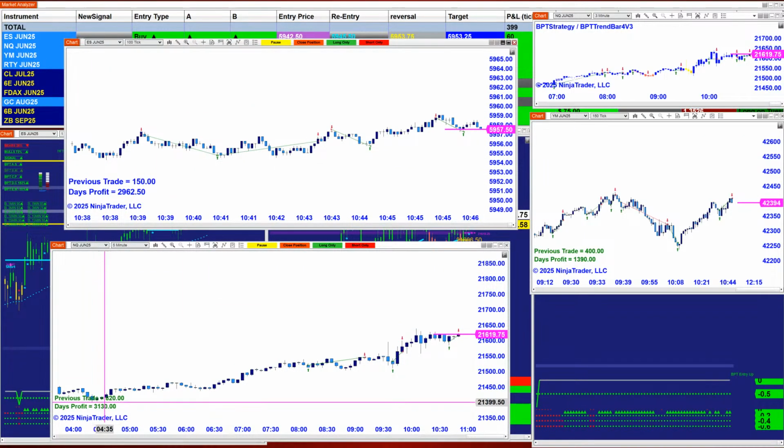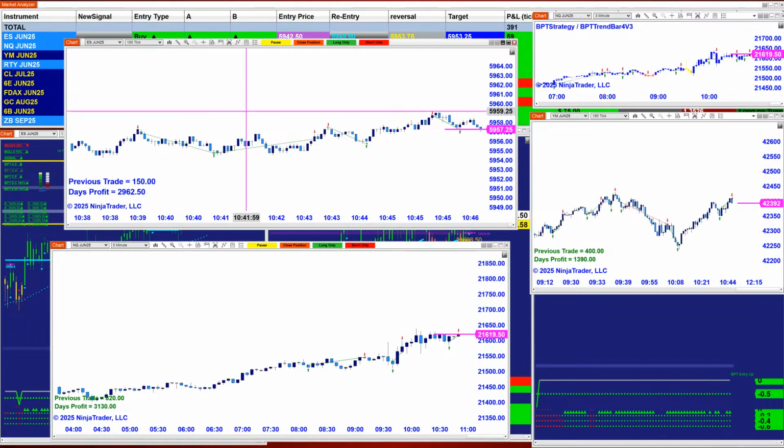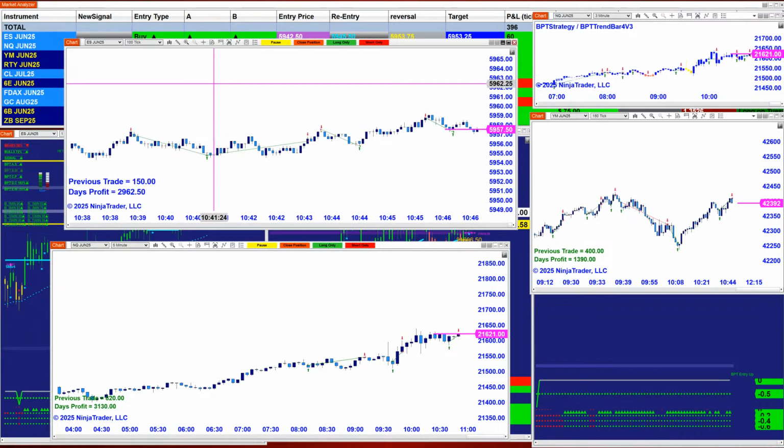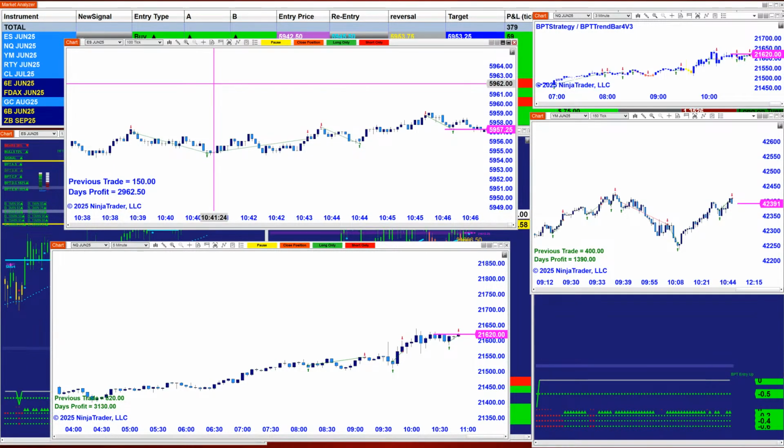2,962 and 3,130. So we are missing one more trade to finish the ES for the morning session, and it's really good, despite today was a little bit hard with the trading. So we are still missing one trade.